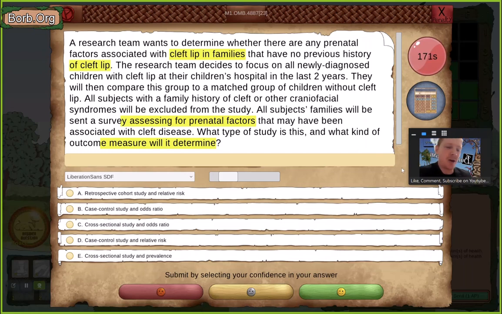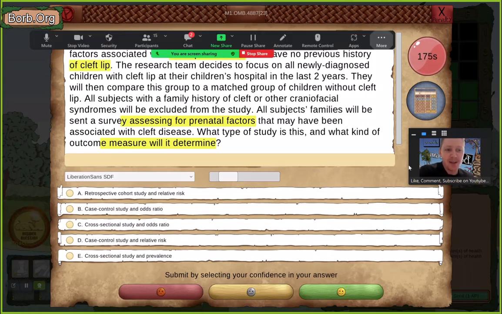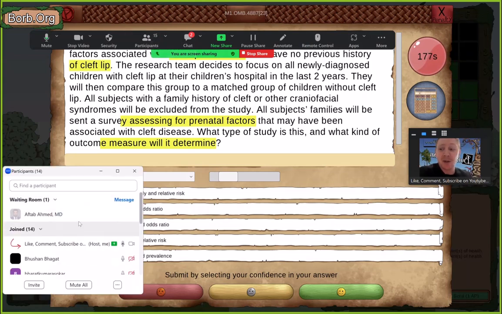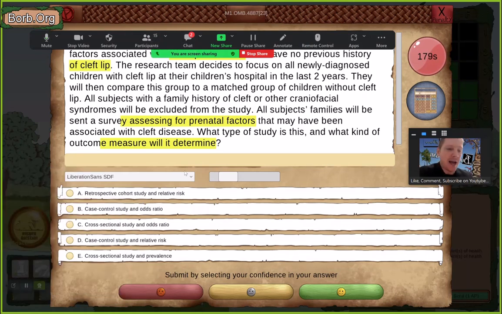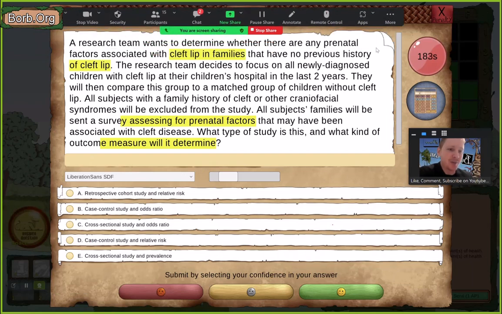With a prospective cohort study, you would do something different: you look at what risk factors people have now, and then you observe over time whether or not they develop the disease.